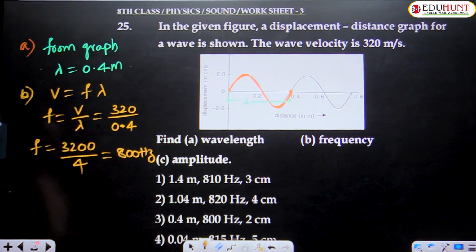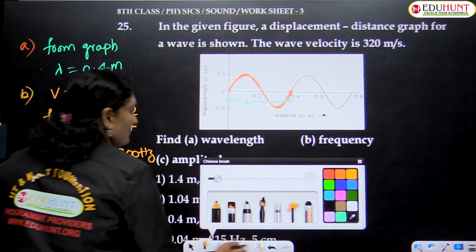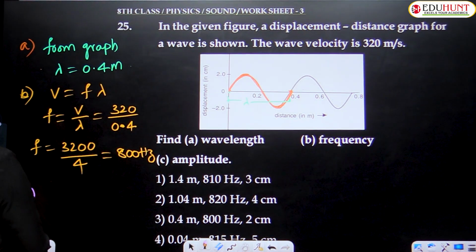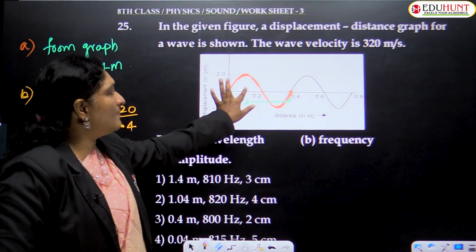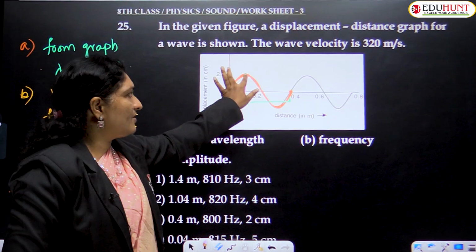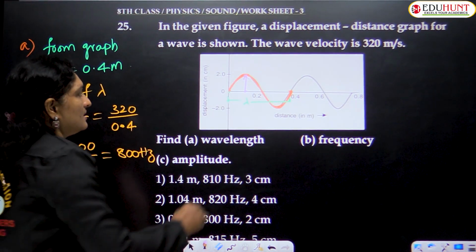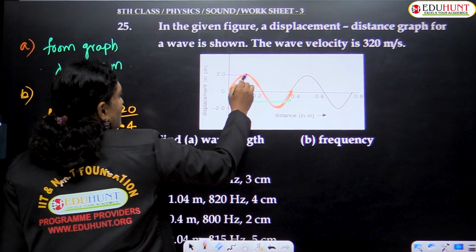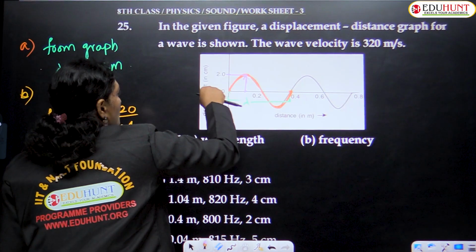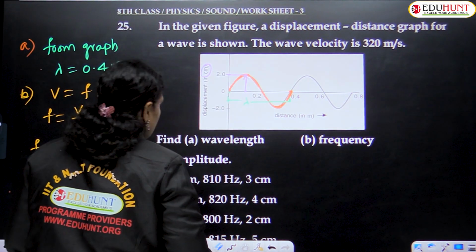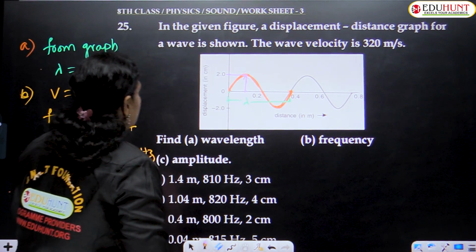And what is the amplitude? From the figure it is very clear that amplitude means the maximum displacement of a wave from its mean position. So this length. What is this length equal to, children? It is equal to 2, measured in centimeters. So the answer is 2 centimeters.